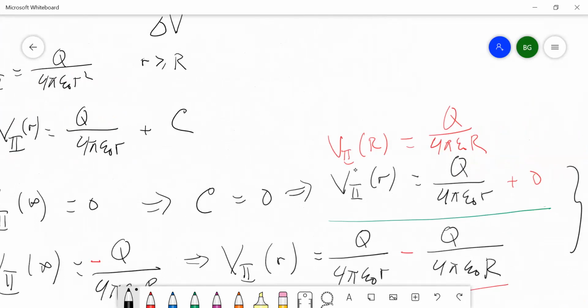With C equals 0, this V2 of R equals Q over 4 pi epsilon 0 R, plus 0, of course. Okay, any question?